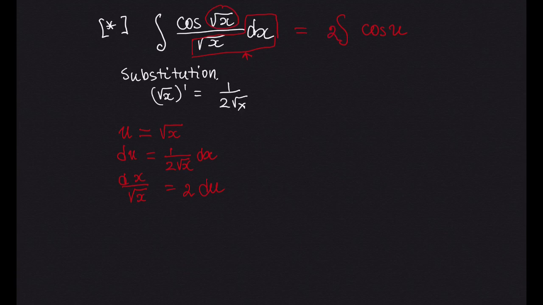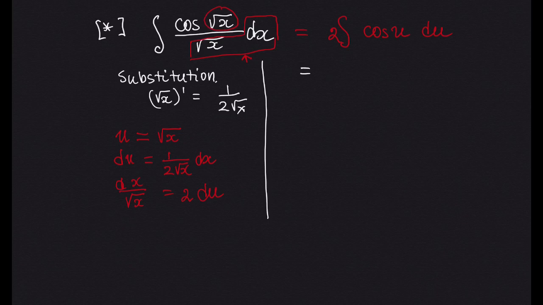And then we have 2 du. So we can certainly compute this integral. We are going to have 2 sine u plus a constant, and then we need to return to the original variable. We need to recall that u is actually square root of x. So we have 2 sine square root of x plus a constant.